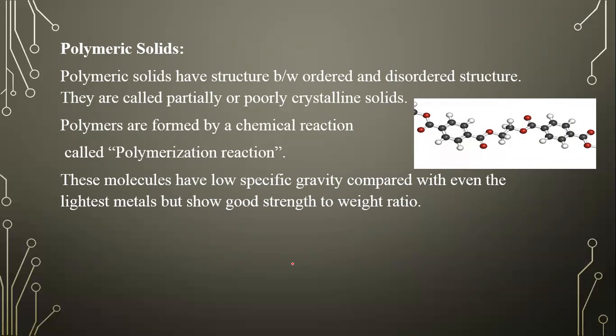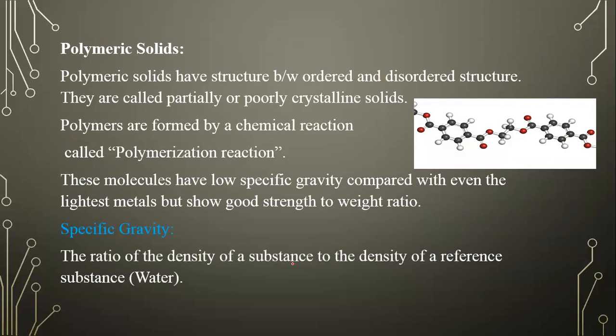So here what is meant by specific gravity? Specific gravity can be defined as the ratio of density of a substance to the density of a reference substance. Usually water can be considered as a reference substance.